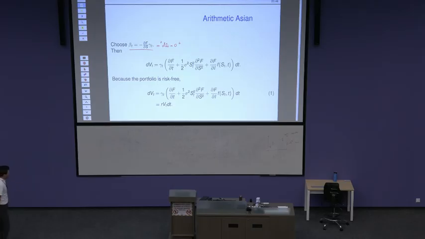And now we compare the investment with an investment in the bank account. What we would do with the investment in the bank account is to invest the value of our portfolio just at the risk-free rate. Then the evolution of the value of that investment would be rV_t dt.